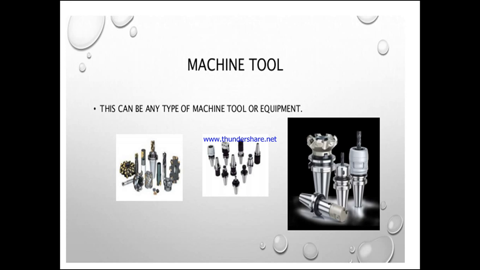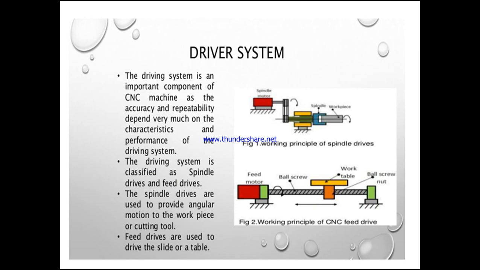The machine tool can be any type of tool or equipment being used. Then the drive, that is the driving system. The driving system is an important component of CNC machines, as the accuracy and repeatability depend very much on the characteristics and performance of the driving system. Driving systems may be actuators, transducers, sensors, or devices.